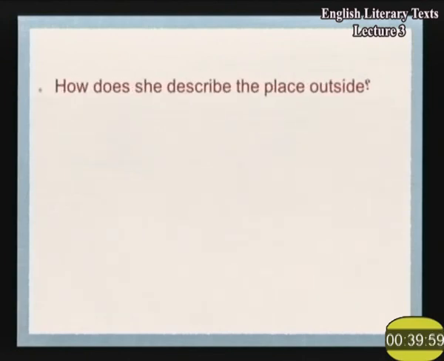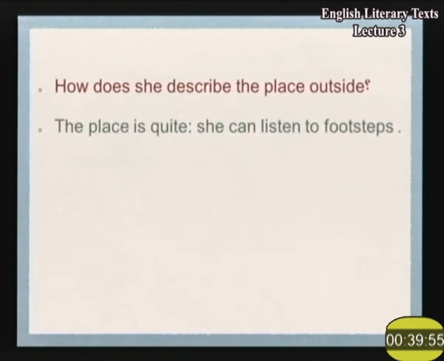Now, how does she describe the place outside? First, when you're reading, you should note what the kind of description is trying to tell you, because especially in a short story, every detail is significant. It is there to give you some sort of meaning. So the place is quiet. The time is evening, but the street seems to be quiet.